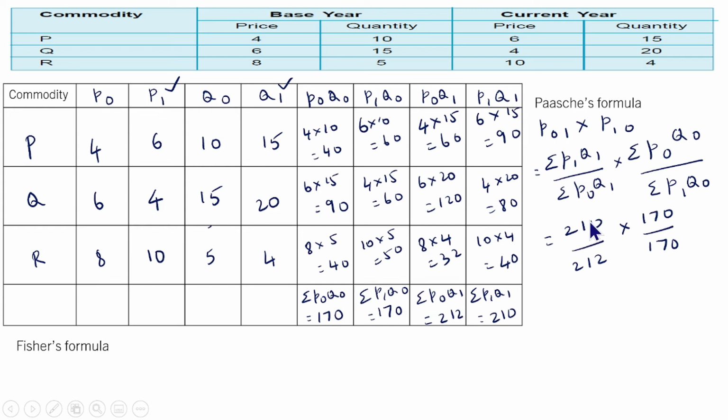Here we can see that 210 upon 212 into 1 is not equal to 1. Therefore, Paasche's formula does not satisfy time reversal test.